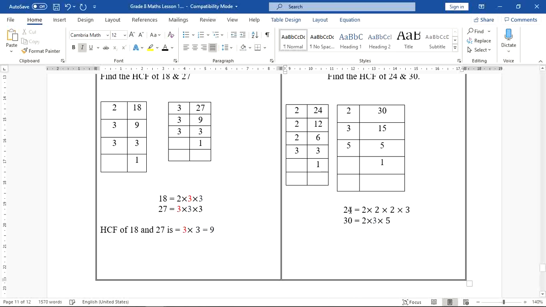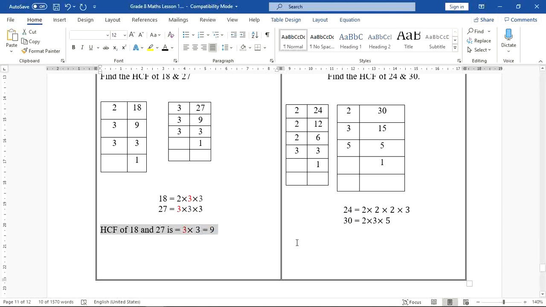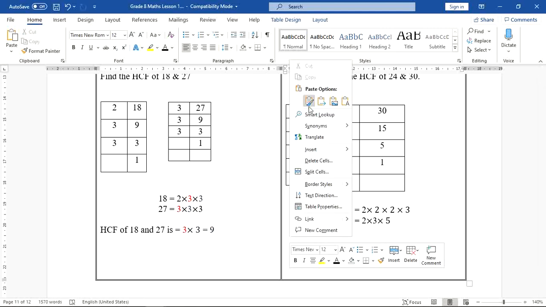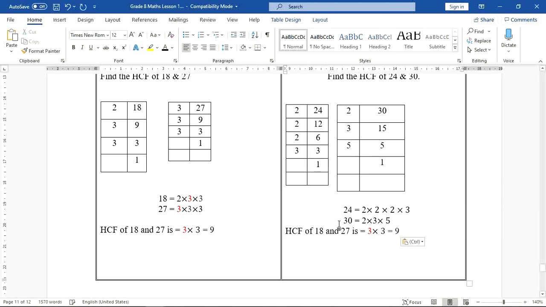So I just need to make this one all black for now. Alright, so we can now say that the highest common factor of 24 and 30, let's determine that out.